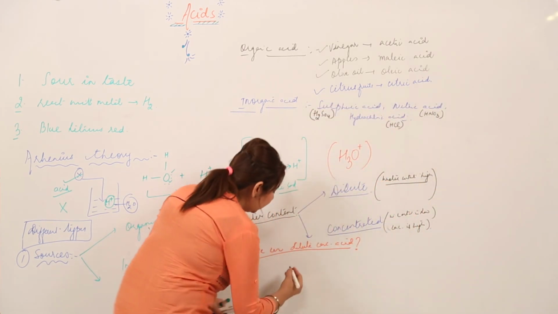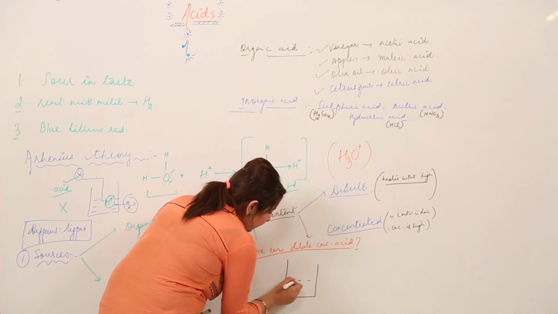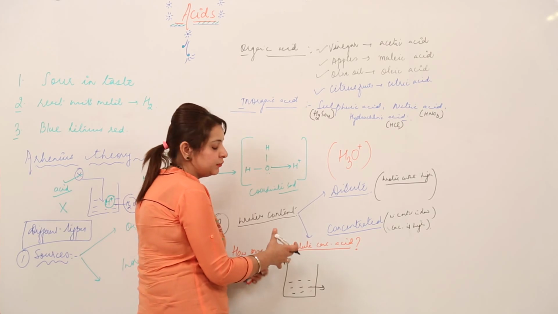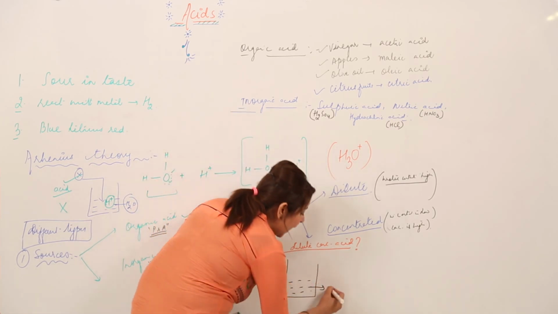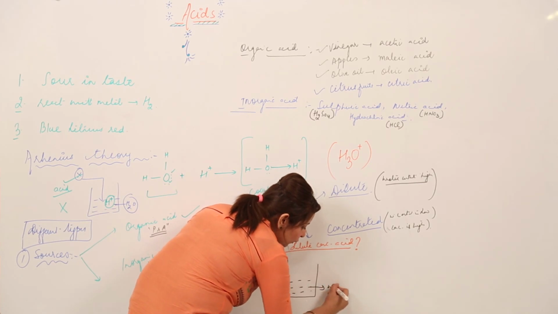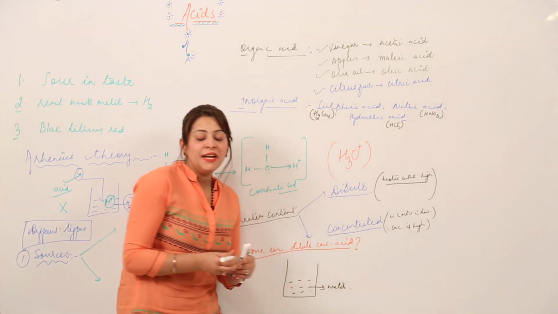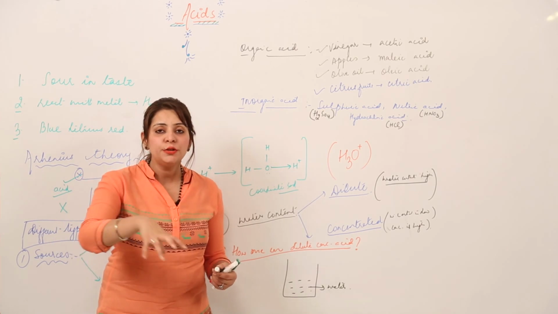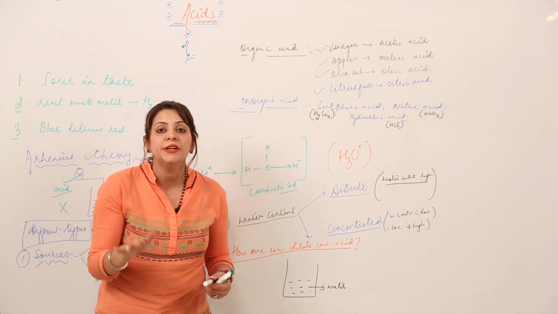I am just taking a beaker, and in the beaker I don't have the concentrated acid, I have the water. So I am not taking the concentrated acid in the beaker, I am taking the water in the beaker.